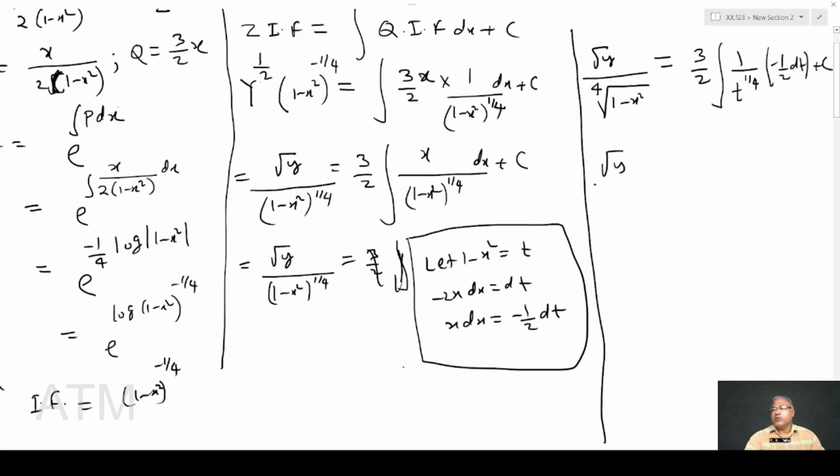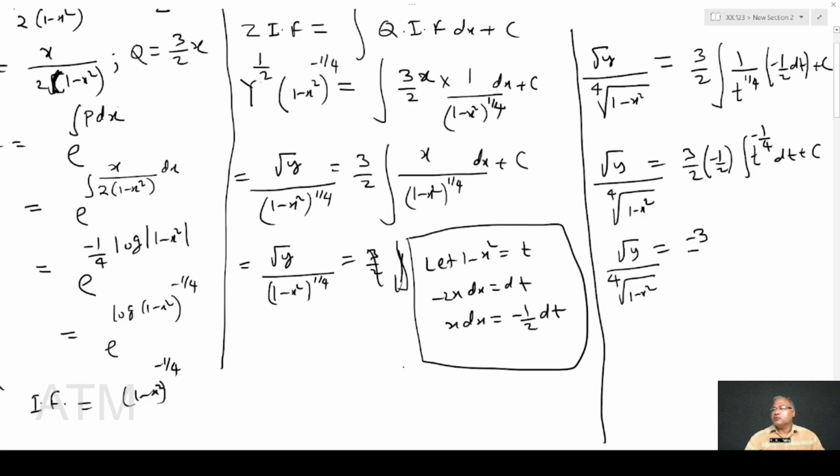So root y upon the fourth root of (1 minus x square) equals 3 by 2 and minus 1 by 2 taken outside, and integration of t raised to minus 1 upon 4 dt plus c, that is equal to minus 3 upon 4 and integration of t raised to minus 1 by 4 is t raised to minus 1 by 4 plus 1, divided by minus 1 by 4 plus 1, plus c.